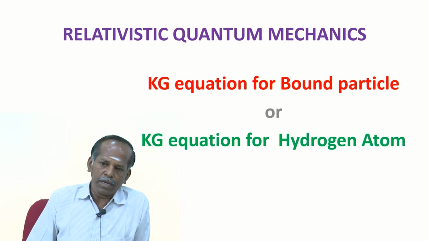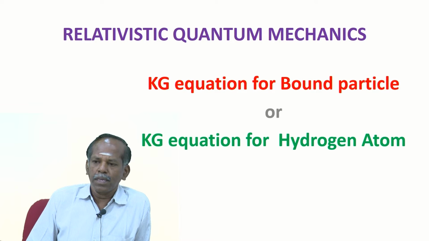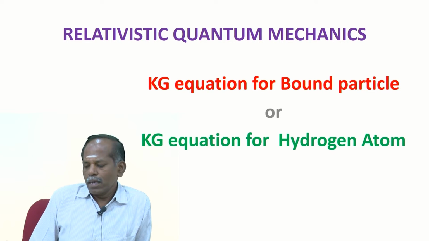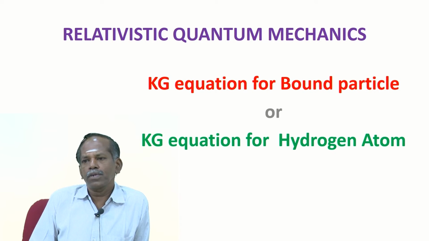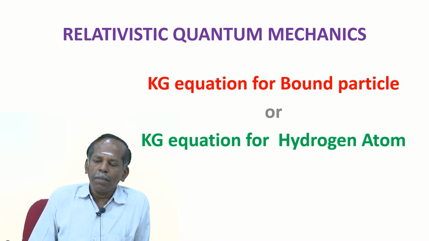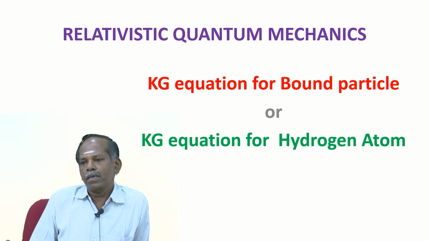Just for refreshing our idea, I am briefly repeating the things. Schrödinger formulated the equation in two steps. The first step being getting the quantum equivalence for classical parameters. The second step being implementing the classical quantum equivalence in the relativistic classical mechanical equation.